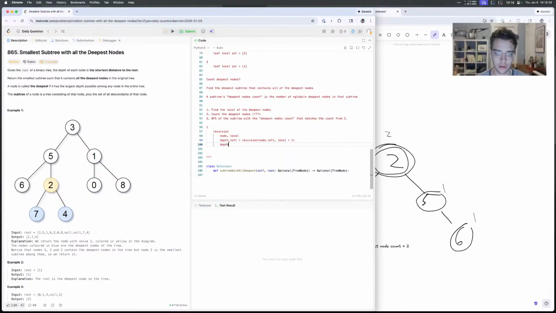Depth right equals recursion of node dot right, level plus one, and then returning the max of the two depths. There's also a base case: if you're a leaf, you just return your level.